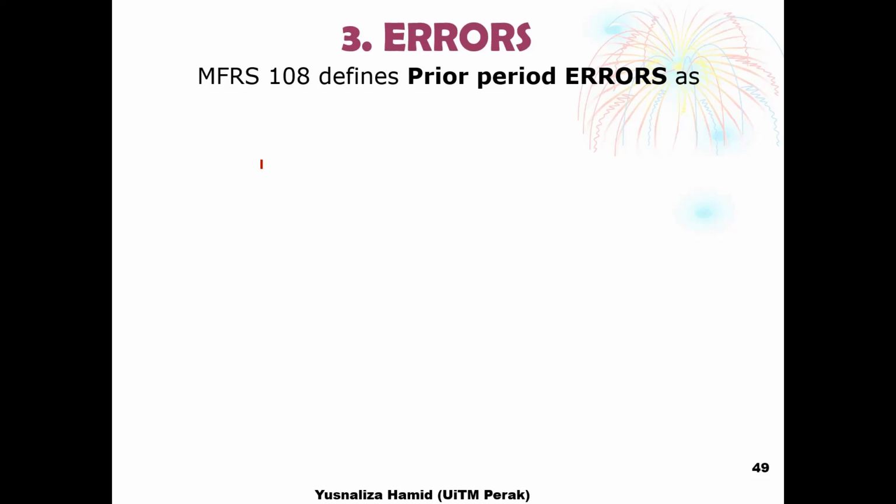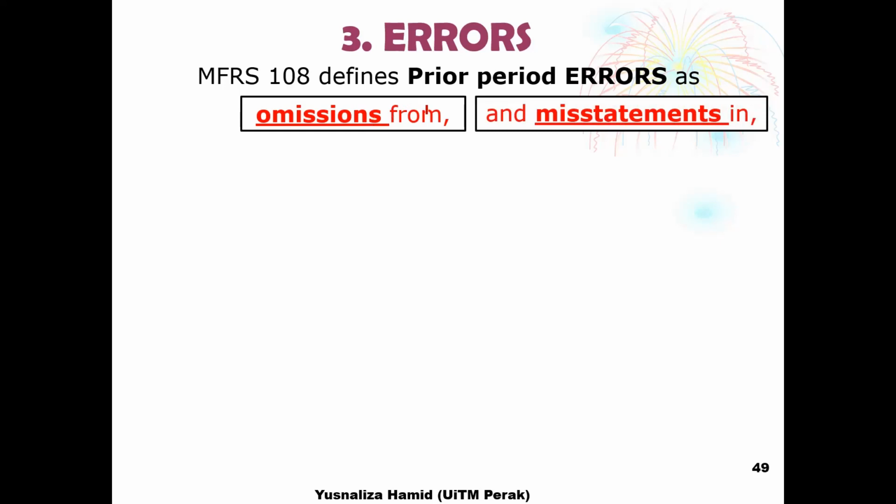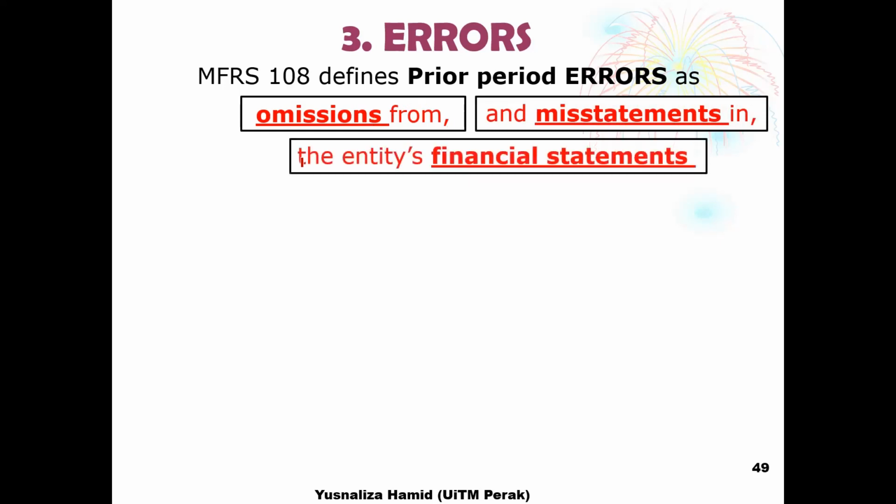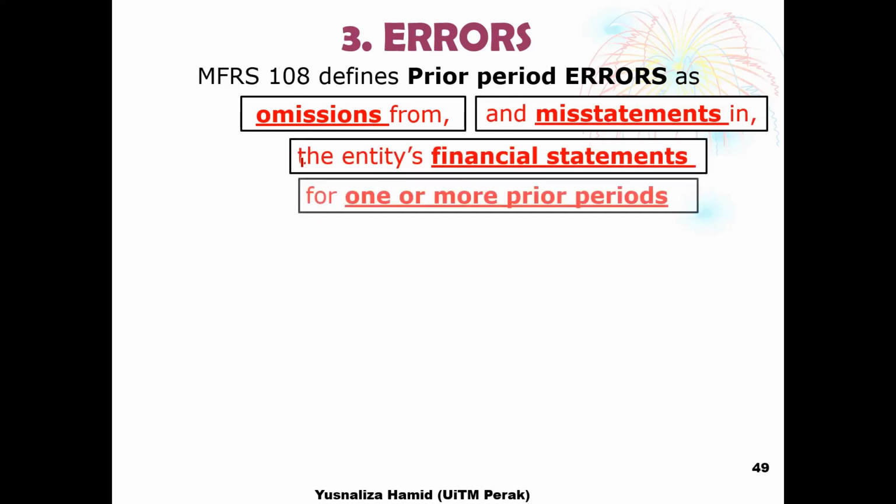MFRS 108 defines prior period errors as omissions from and misstatements in the entity's financial statements for one or more periods.